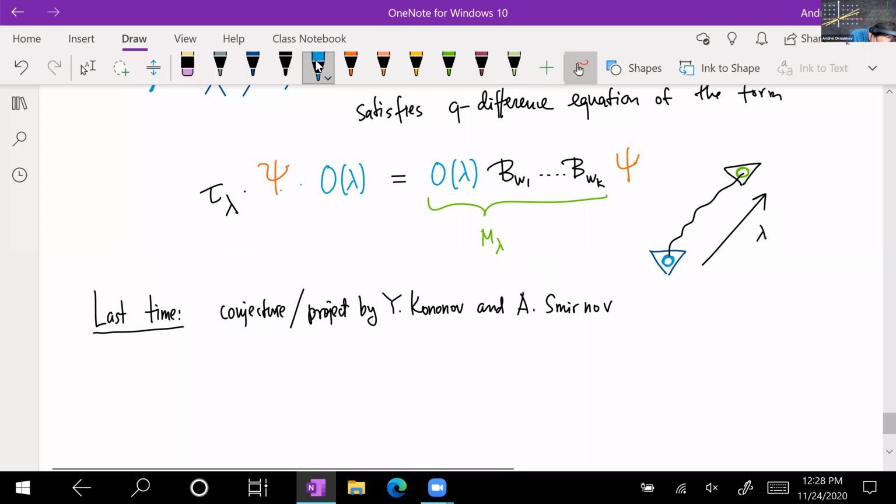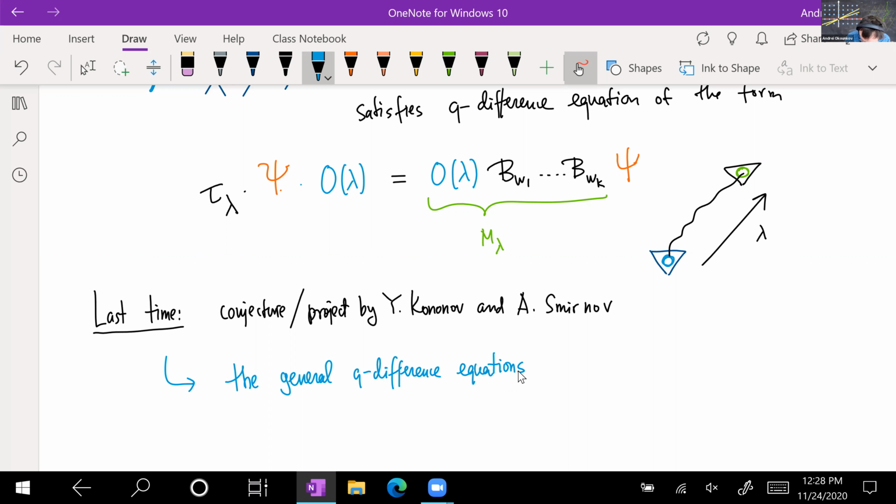So this is what it says: the general Q difference equations for invariant variables have this form, where what sits on the wall.